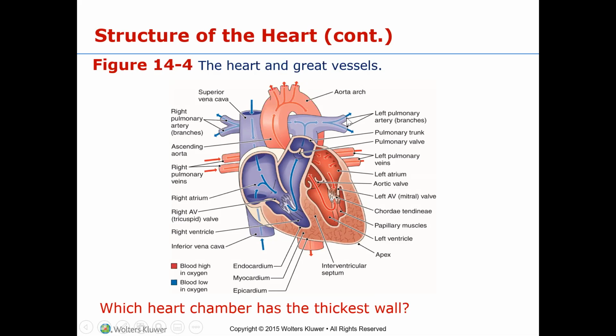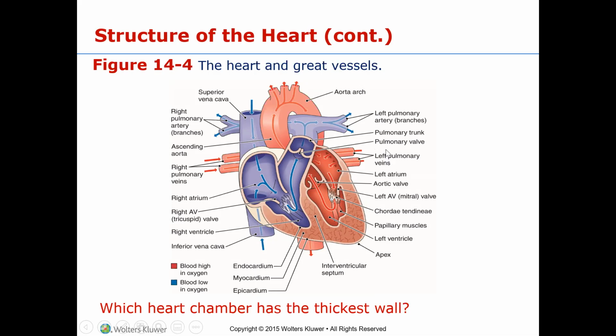Then that blood, after it goes to the lungs, is going to come back to the heart to get pumped to the rest of the body, because now it has oxygen.